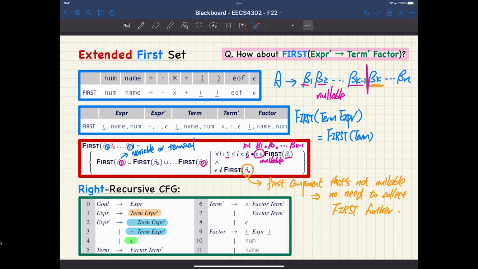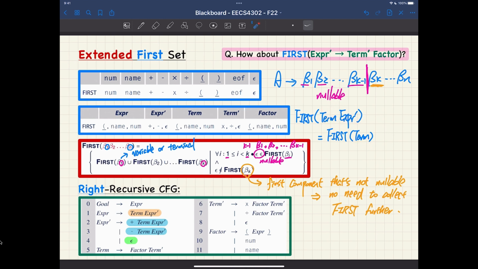In order to see what you can observe from this particular list, definitely the first one to observe will be the term itself. That one's for sure. But should we also consider the first of expression prime? We only consider this if the term itself is nullable, meaning that there's a possibility that this part derives into epsilon, in which case we have to figure out the first of expression prime as well.